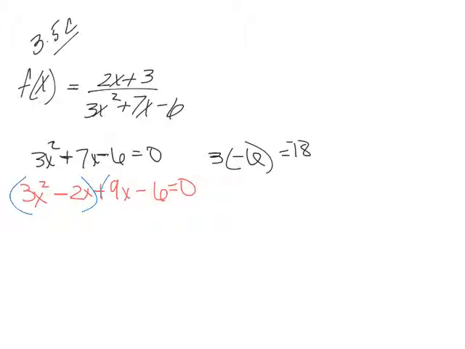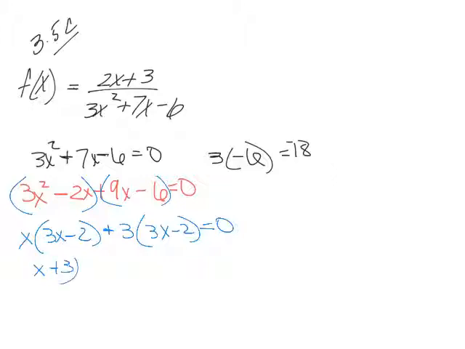So we go ahead and group these. We factor out an x, and we're left with 3x minus 2. And this next one, we factor out a 3, and we're left with 3x minus 2. Always happens that way. So I've got an x plus 3 and a 3x minus 2. So x is negative 3.